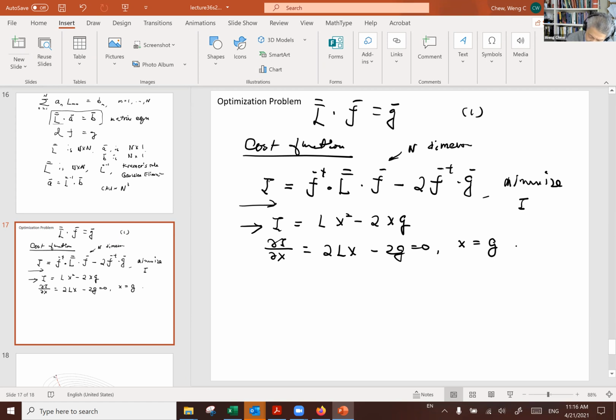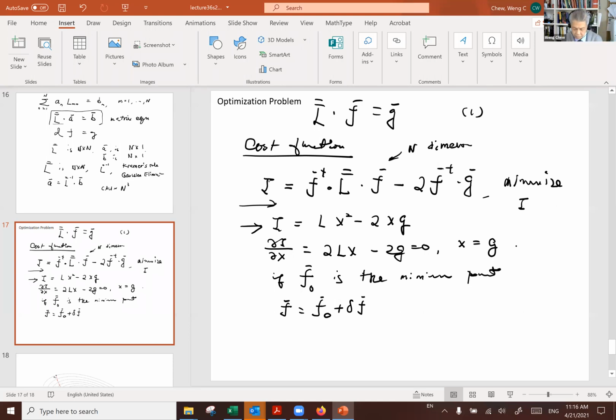So the idea is that if the minimum is given by f of 0, so if f of 0 is the minimum point, and if we were to perturb f to be slightly different from f of 0 by delta f, okay, if I were to perturb it by delta f, and if f sub 0 is in fact the minimum point, the perturbation would give rise to 0 values or second order value.